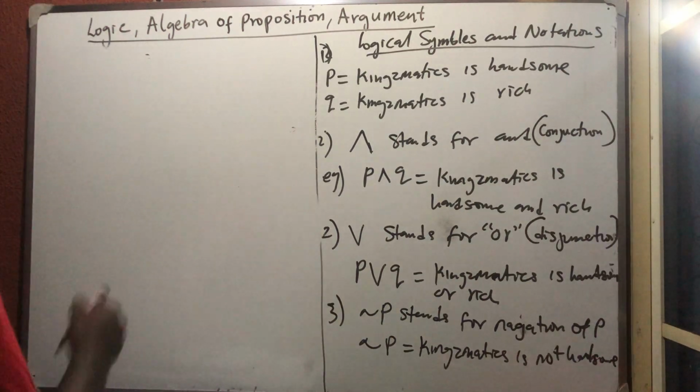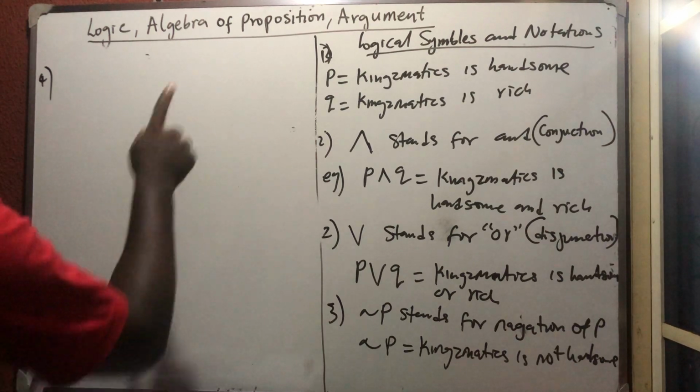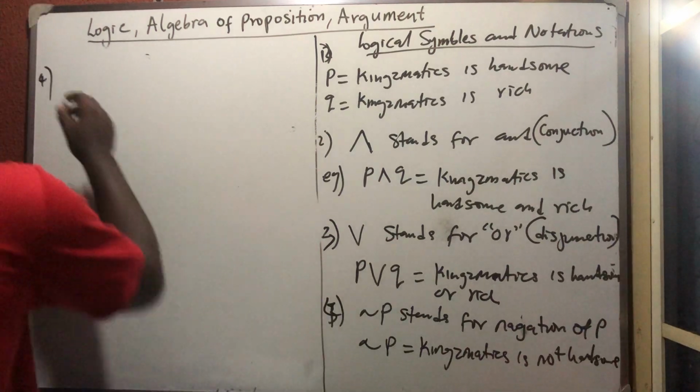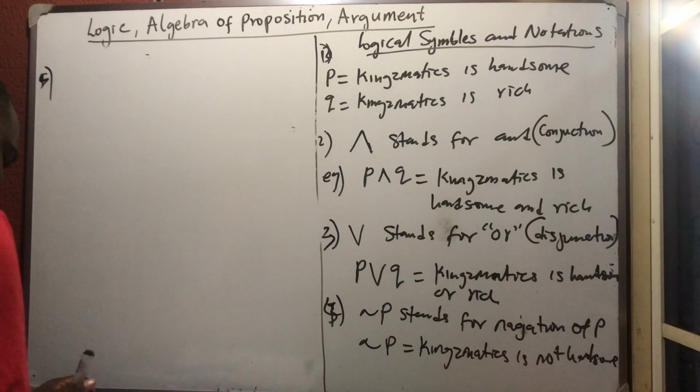So the next symbol we need to know is number 5: the truth or falsity of a statement is called the truth value.